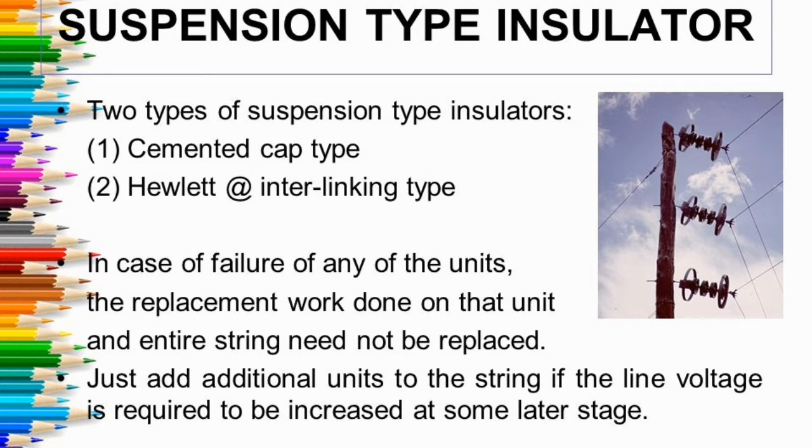So 33 kV or more than 33 kV lines use suspension type insulators where pin insulators are not suitable. The advantage of using suspension type insulators is that without changing the entire string, we can replace units in a line.